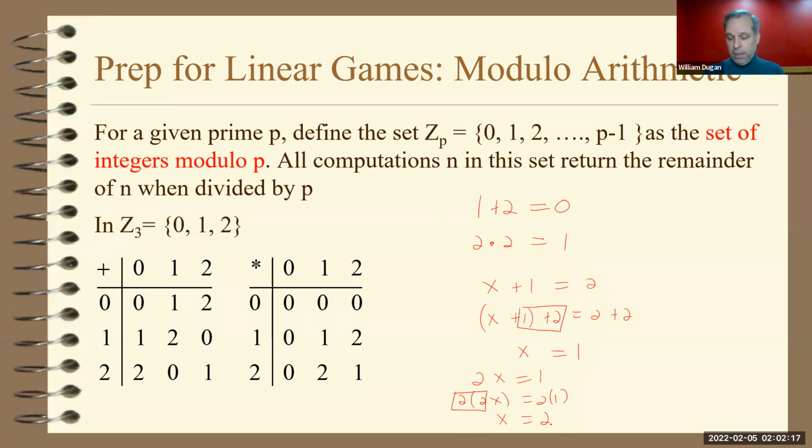So if I write Z3 with a 5 here, that means it's a vector with 5 entries, and all the entries are 0, 1, or 2. It's one of those numbers. And we do all vector addition and scalar multiplication, but using the set Z sub P to do everything. So everything in this world will be modulo 3.